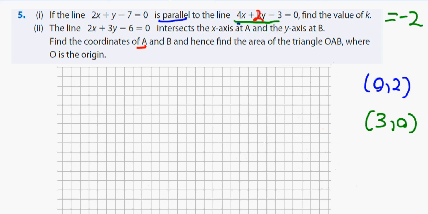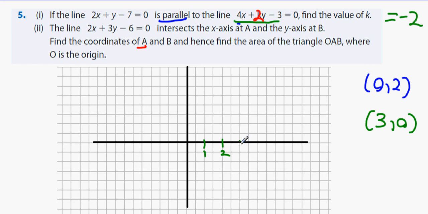So I'm going to draw this out. What we have here is our xy axis. And we can just go 1, 2, 3, 4, 1, 2, 3, 4, minus 1, minus 2, minus 3, minus 1, minus 2, minus 3.